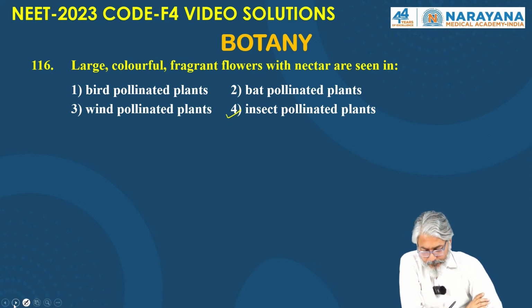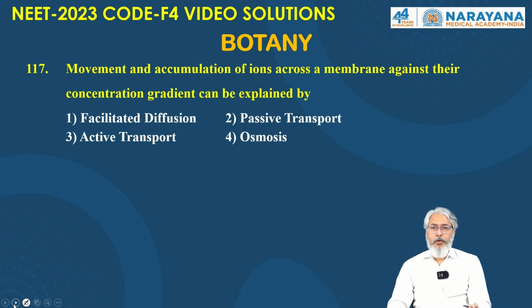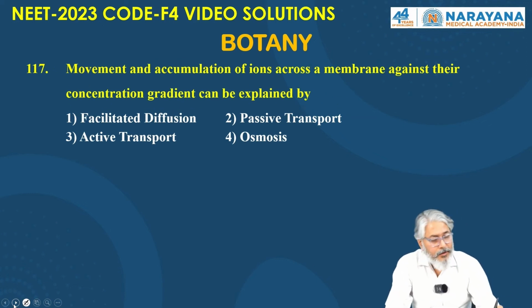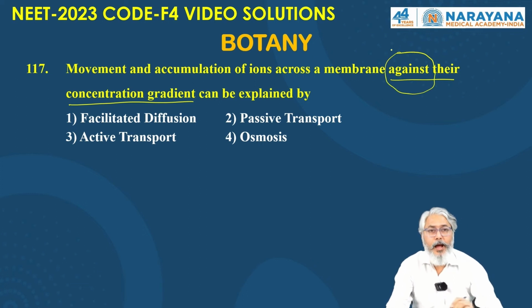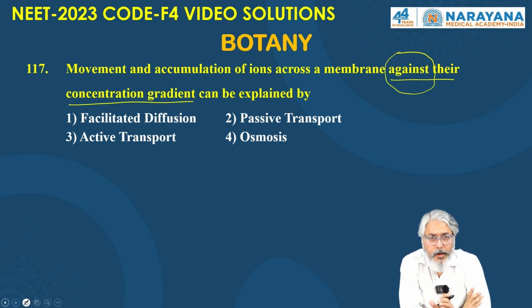Clear? Then, movement and accumulation of ions across the membranes against their concentration gradients. So what is important there? Against. If along with is given, along with means passive, against the concentration gradients means active.